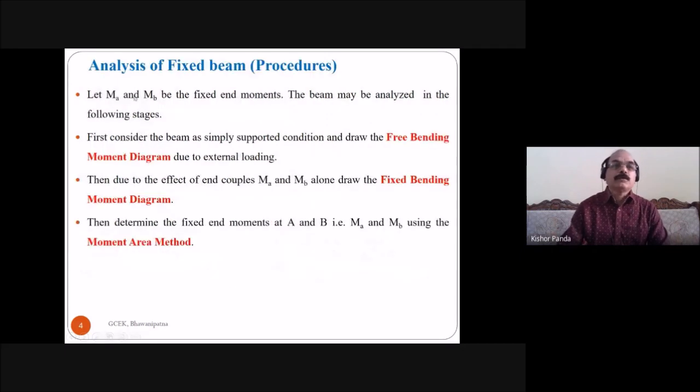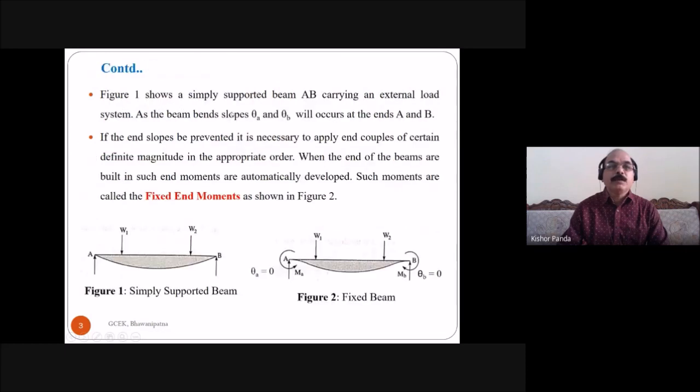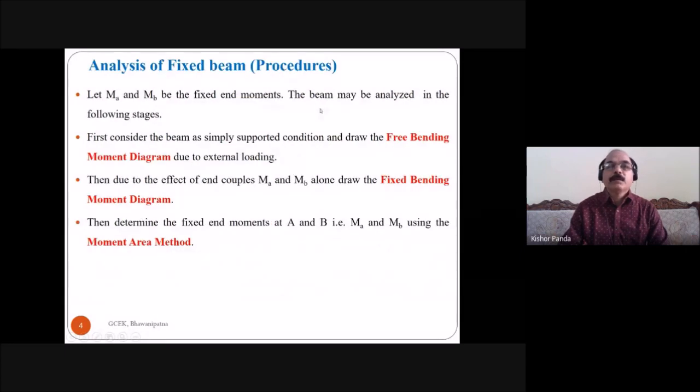What is the procedure to solve the fixed beam? That is, what are the different steps to analyze the fixed beam by the moment area method? Let MA and MB be the fixed end moments at both ends, A and B. The beam may be analyzed in the following steps.